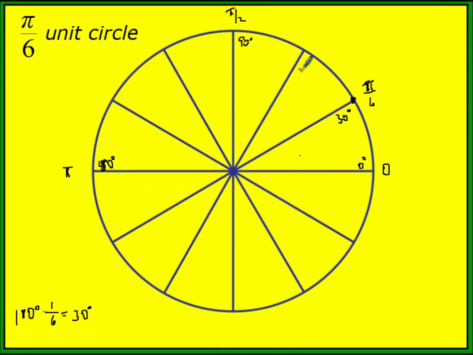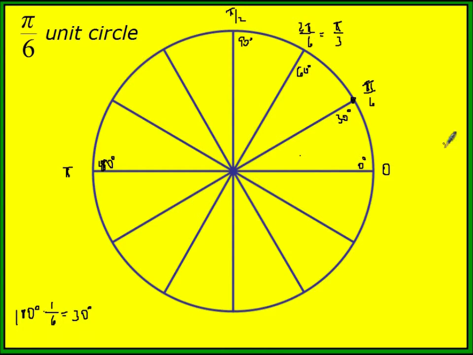The next angle up here would be a 60-degree angle. Each of these sections is 30 degrees, so 30 degrees, 60 degrees. If that's 1 pi over 6, this will be 2 pi over 6. And of course 2 pi over 6 is the same as 1/3, or just pi over 3. That's usually how it's written.